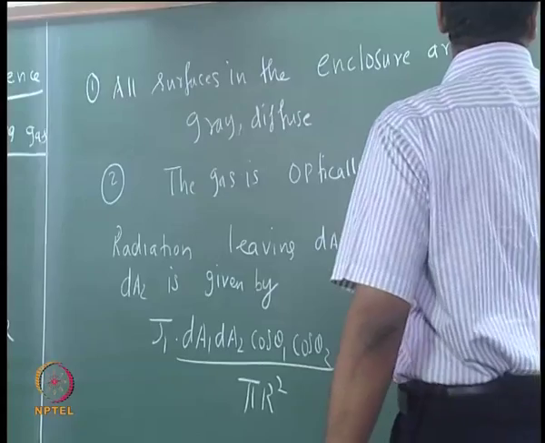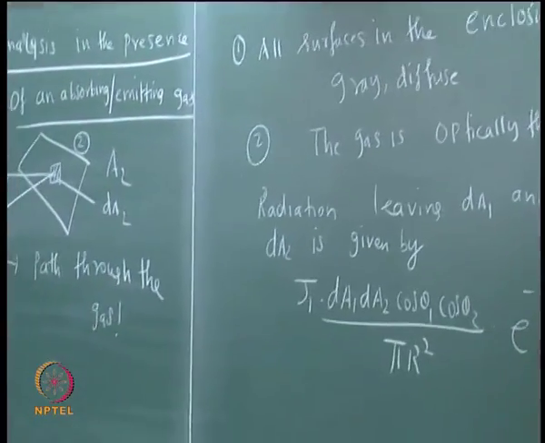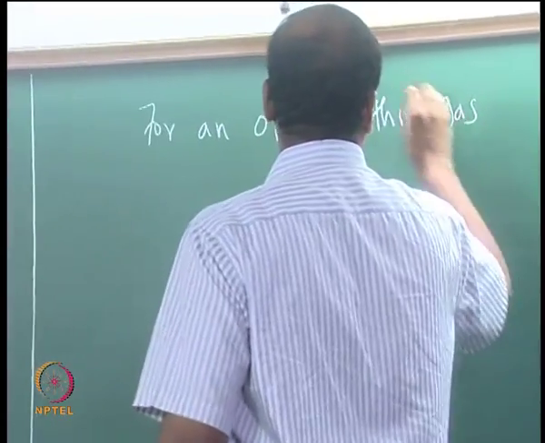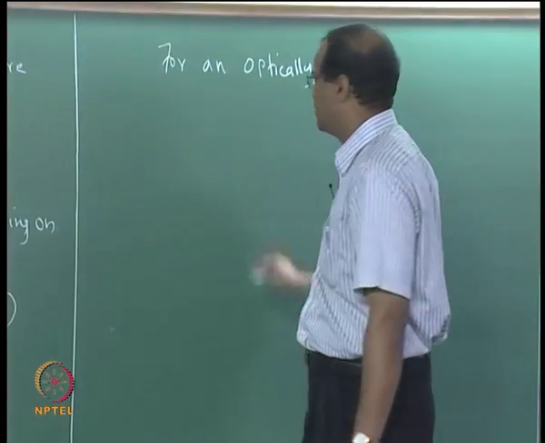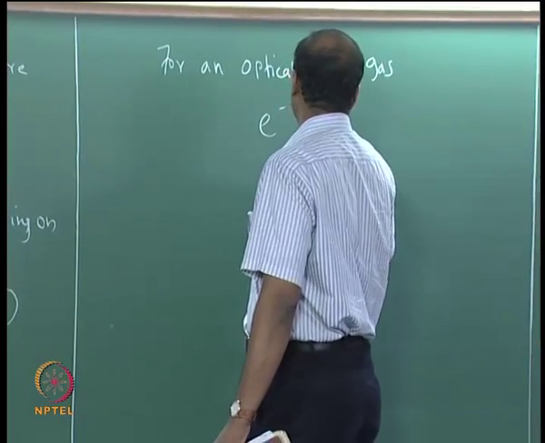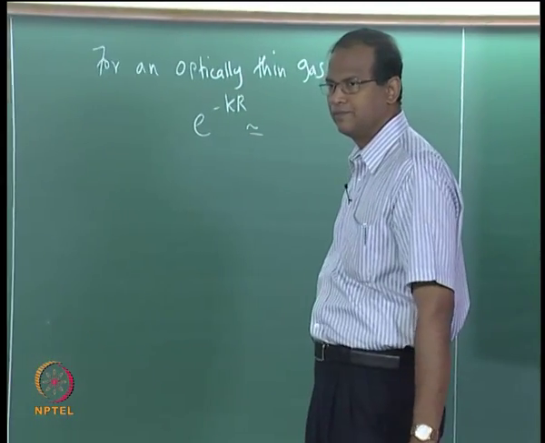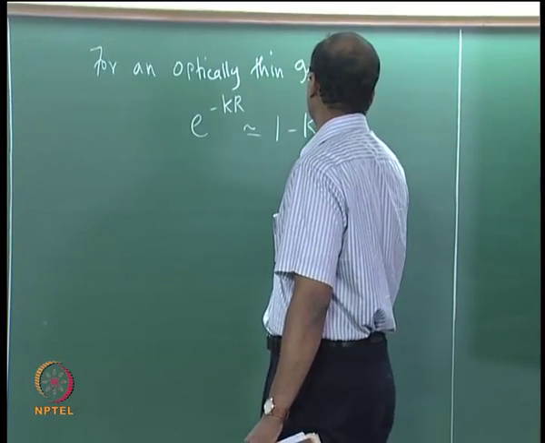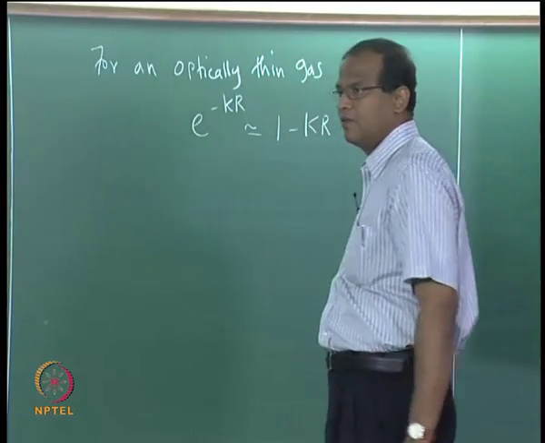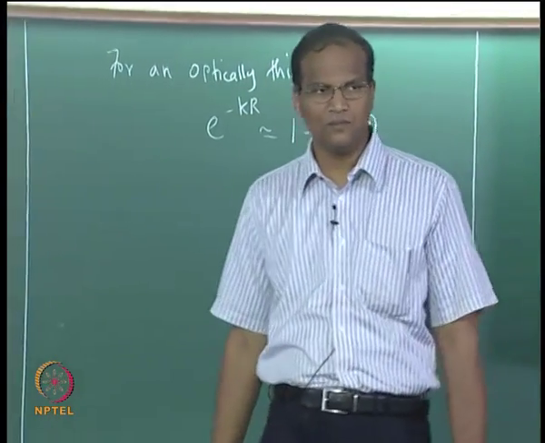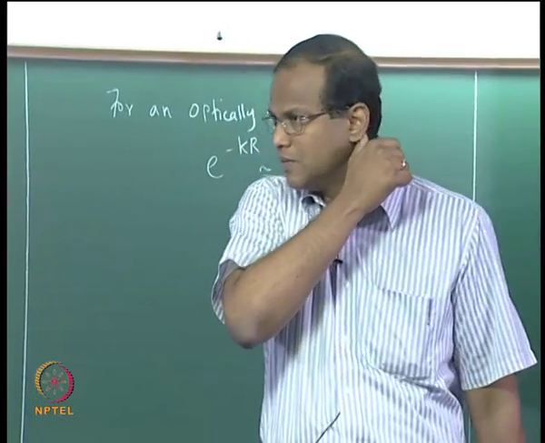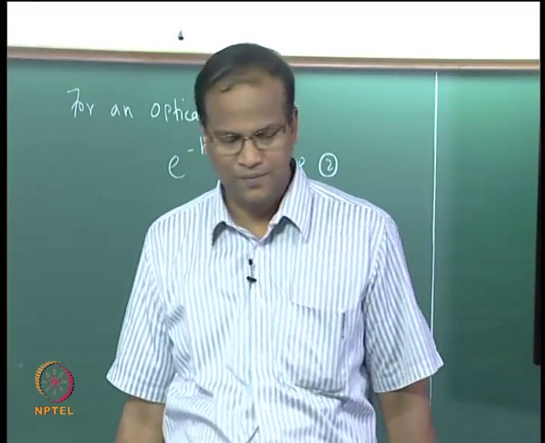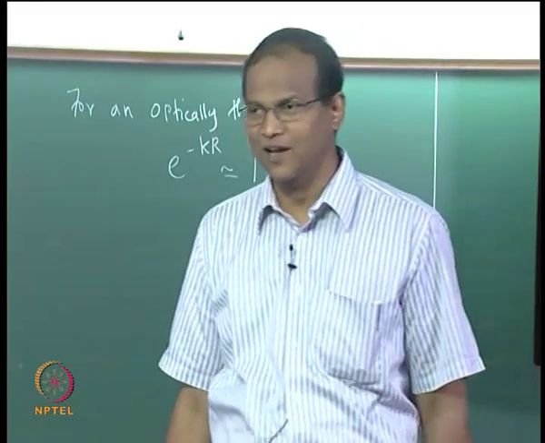So for an optically thin gas, e to the power of minus kappa r can be written as 1 minus kappa r. E to the power of minus 0.02 is 0.98.